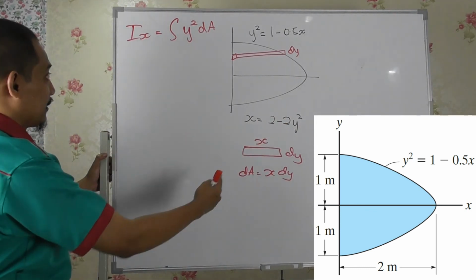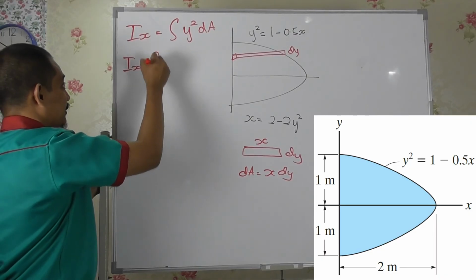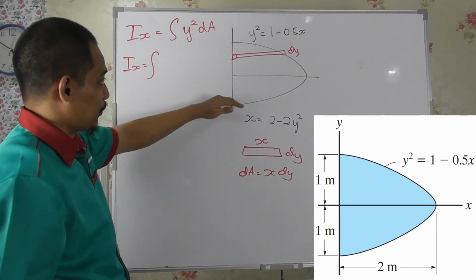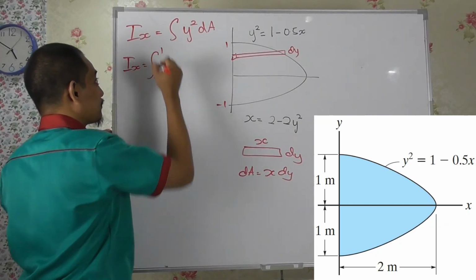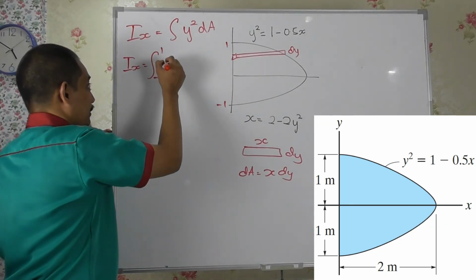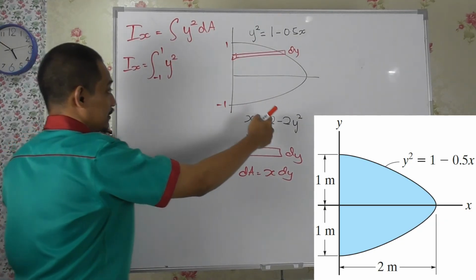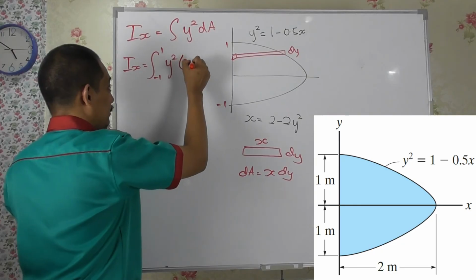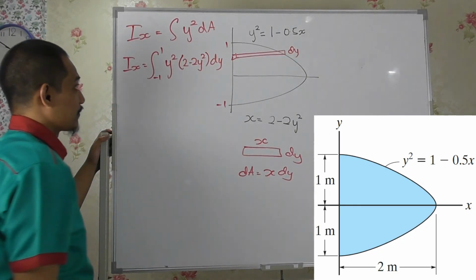You can just plug in there. So Ix will be the integration of, in this case, what is the limit? It is from -1 to 1. So -1 to 1, and then you have y squared, and then dA, which is x dy. x is this whole thing, so you have 2 minus 2y squared dy.